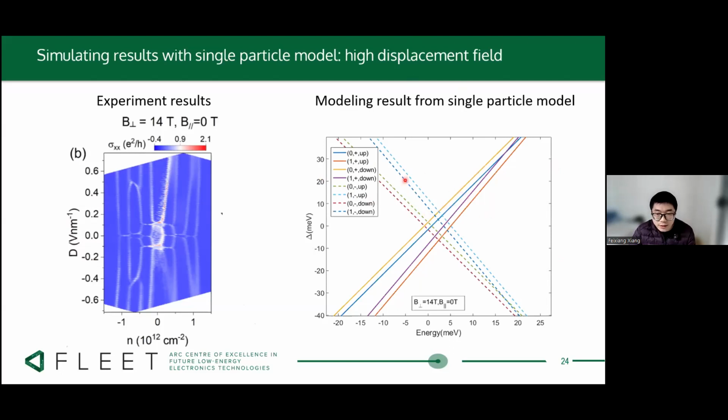As we can see from the single particle model, we can see only one crossing on the electron side, but there's no crossing on the hole side, which is quite different from what we observe in the experiment.